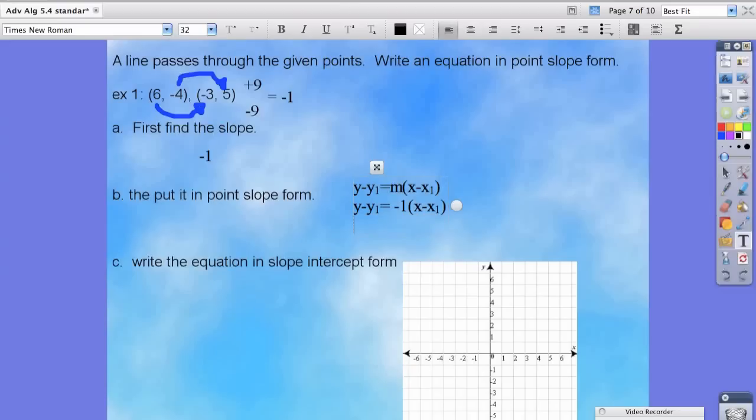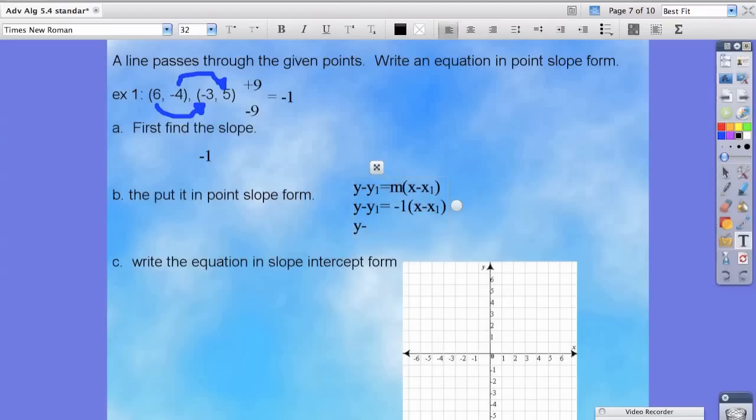Now we need to use a point. Now the point, because they gave us 2, we could use either one. Now, I always tend to choose the set of points that are the smallest. So we're going to choose -3 and 5. Could you choose any one? Sure, but that's the one we're going to choose.